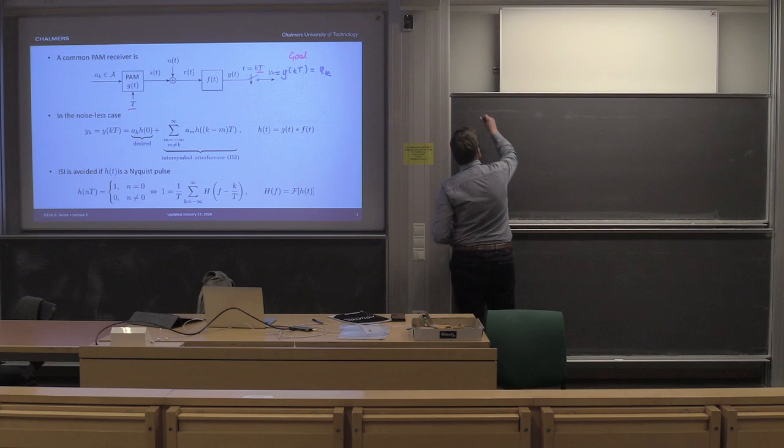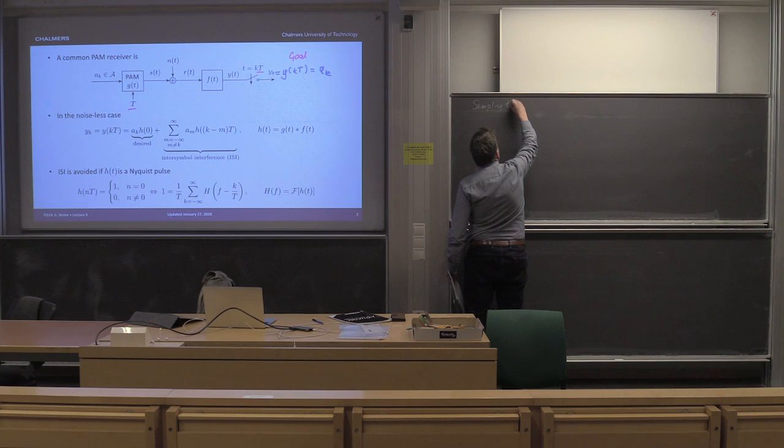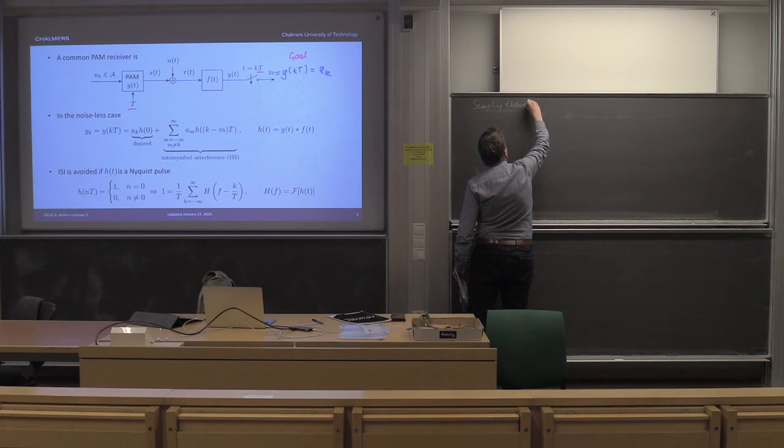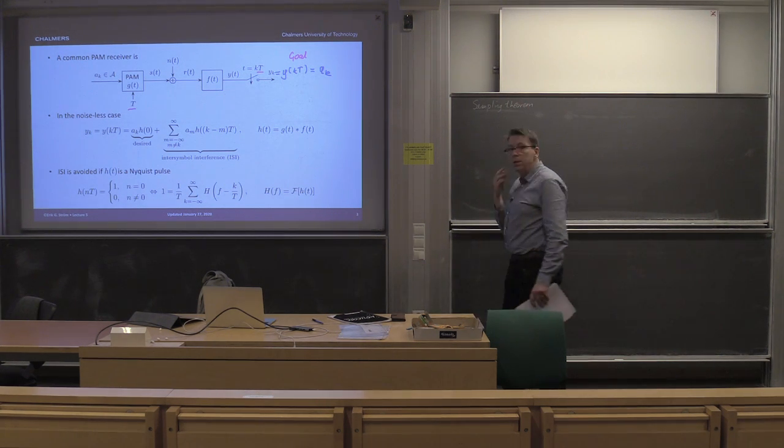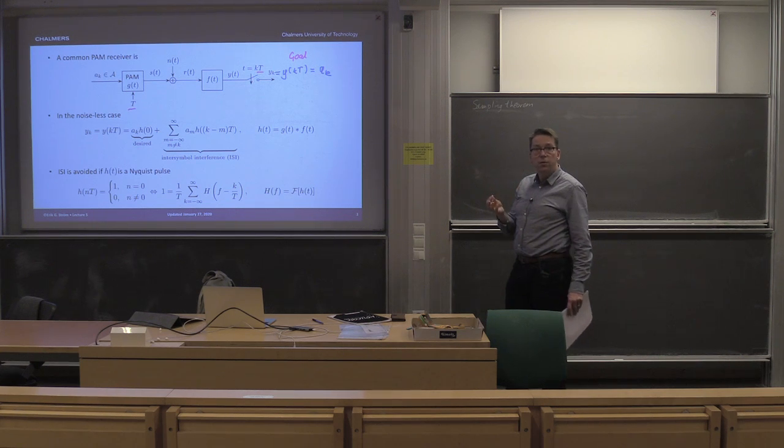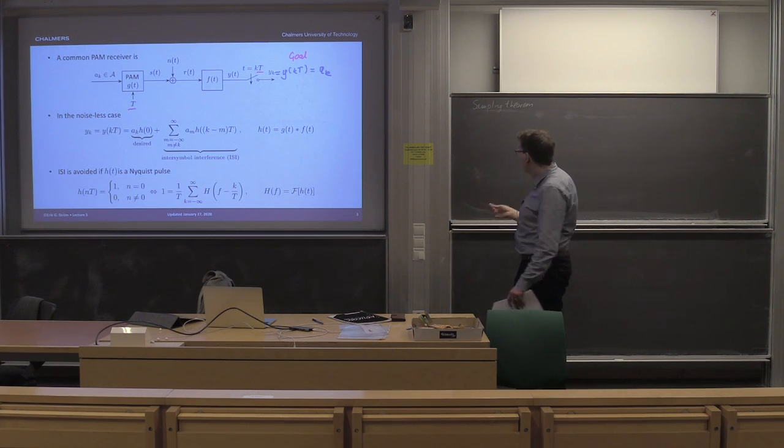So if you remember the sampling theorem, what it does is relate the Fourier transform of a continuous signal with the Fourier transform of its sampled version.